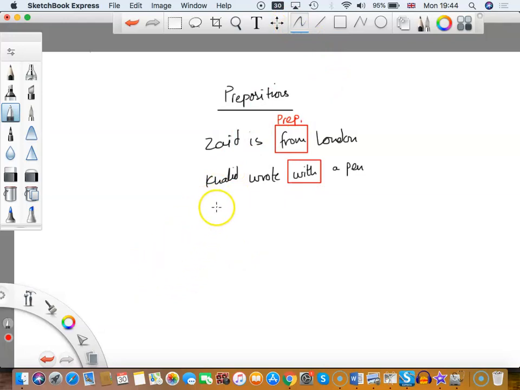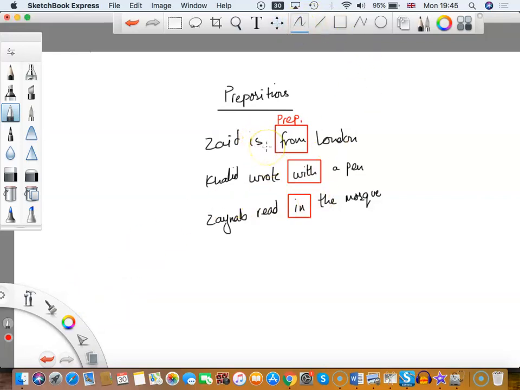And Zainab read in the mosque. Okay, Zainab read in the mosque. So, in is the preposition here.